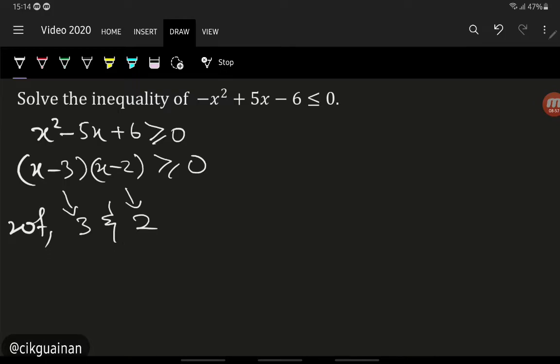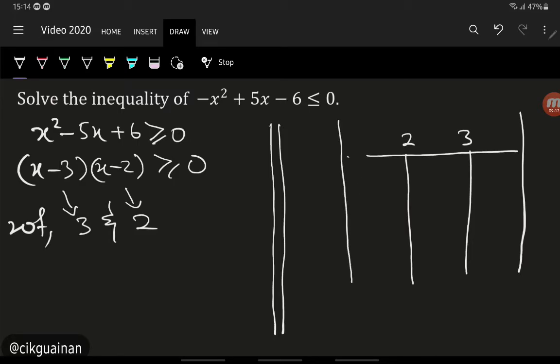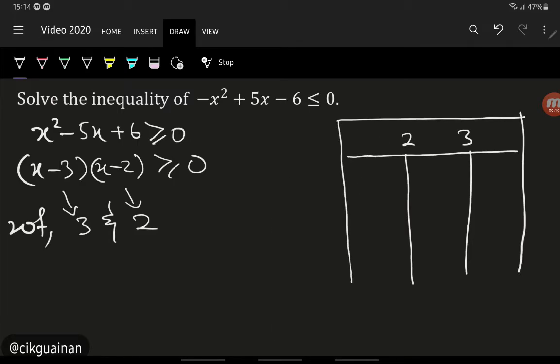So from these ZOF, we can construct a table. I'm going to construct it over here. We have a number line, so 2 is somewhere here, 3 is somewhere here. We drag a line over here as well, and then close them. Now the first step is writing the interval.